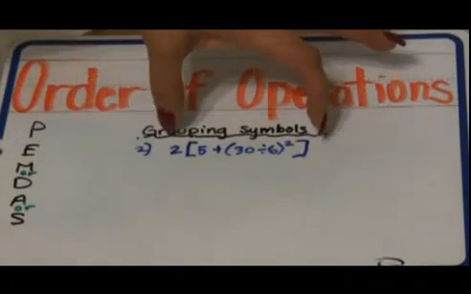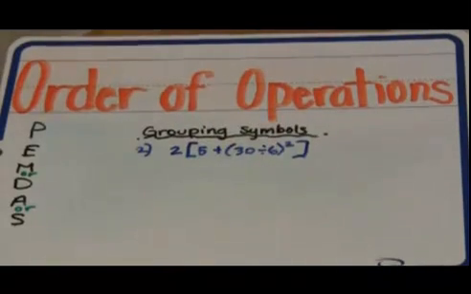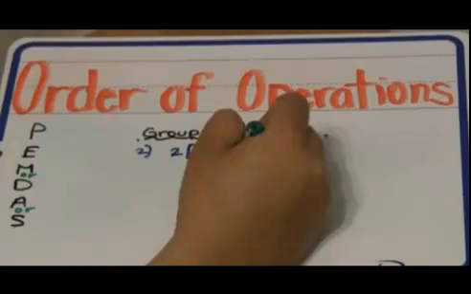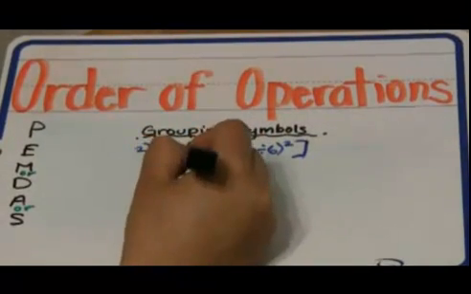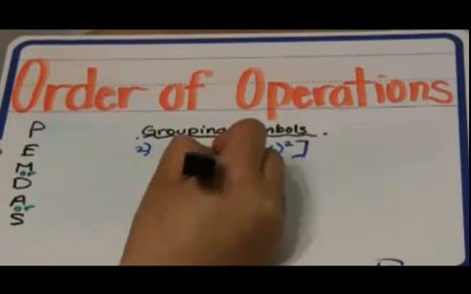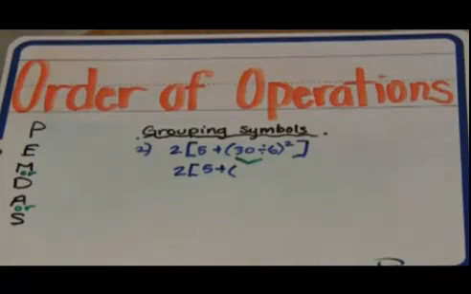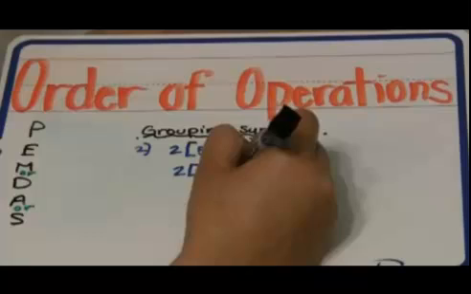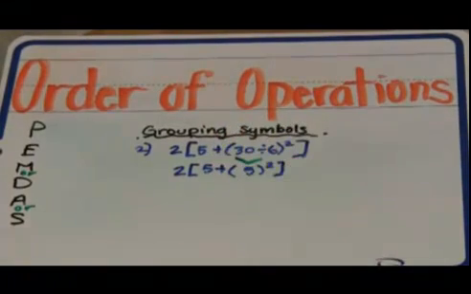I have to look within the brackets, and within there I find that parentheses. So I have to start by working with those parentheses first. I'm going to start rewriting this. 2 bracket 5 plus, in parentheses I will put my answer of 30 divided by 6, which will give me 5. I bring down that square and I close my bracket.